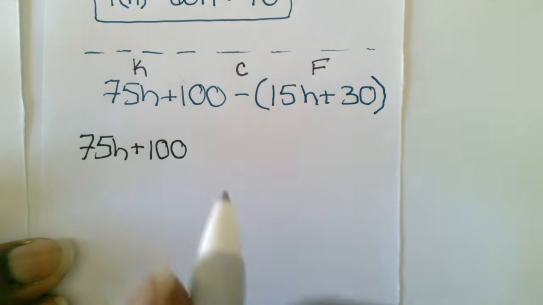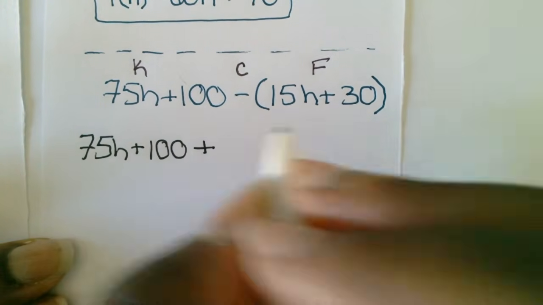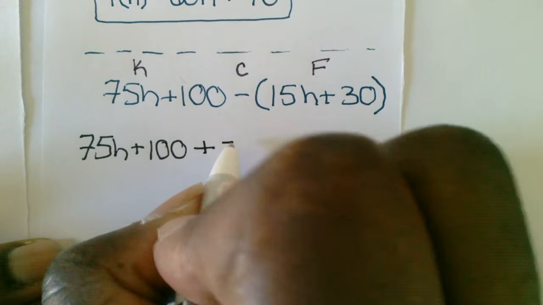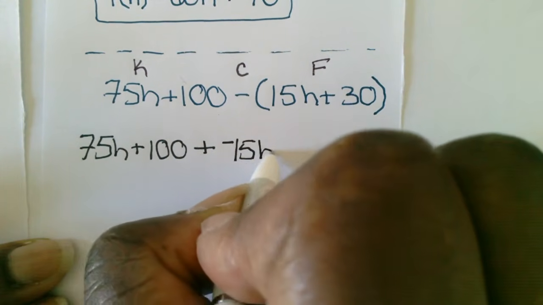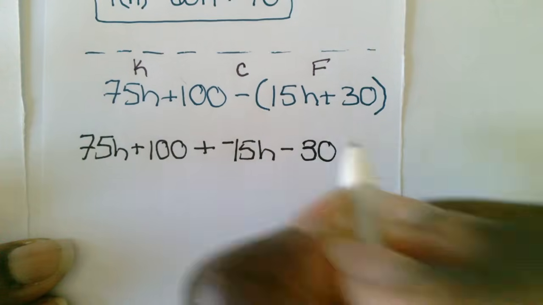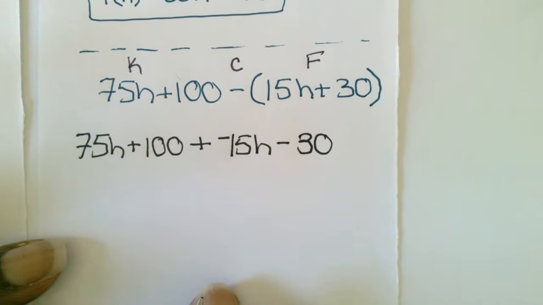Change that minus to a plus, and then flip all your signs. So now this is a negative 15h, and this is also a negative, but a negative 30. So you can make sure you're getting the correct signage.